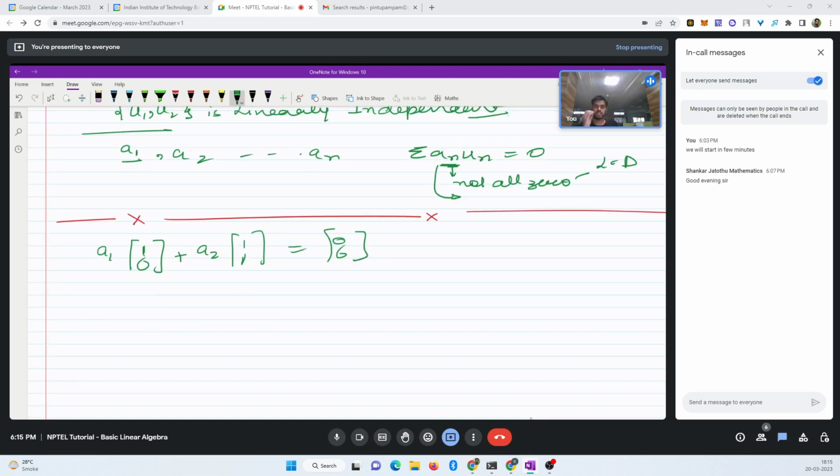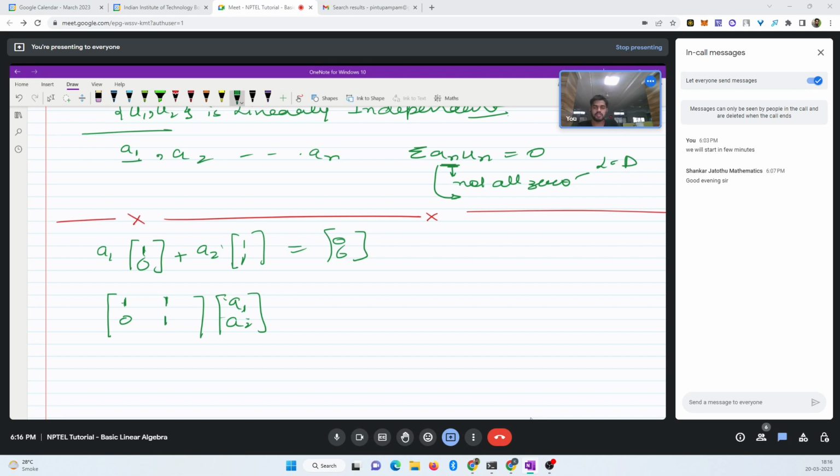Now, if you want to write this in terms of a matrix, the way we discussed how matrix multiplication works, you can write this as the first column, and then this gets multiplied by a1, and next is (1, 1) multiplied by a2. You can look at it also that it is a1 plus 1 times a2.